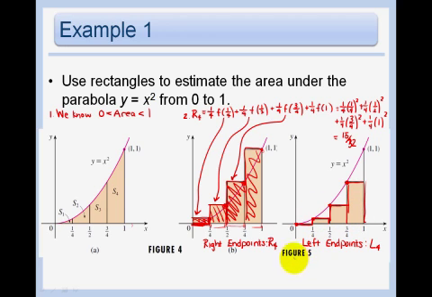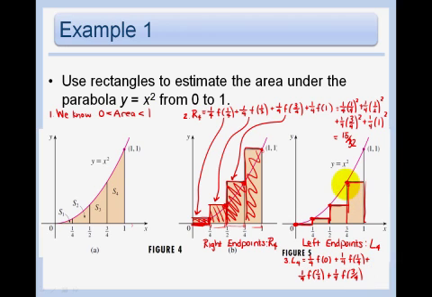And so the area here, I'm just going to write it underneath. Same logic. The width is 1/4. And the height now is just f of 0 because I start at the left. My second one is at 1/4. My third one is at 1/2, and my last one is at 3/4.